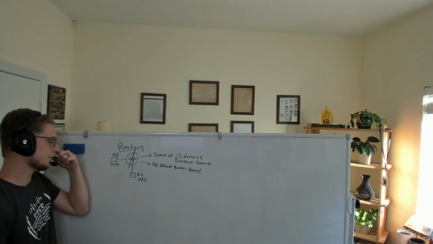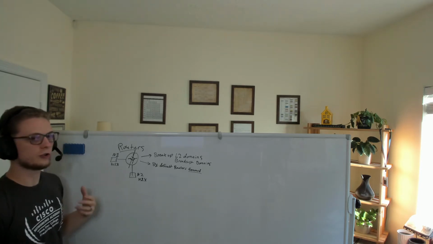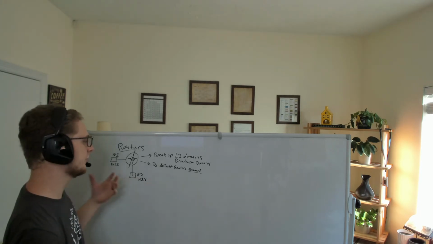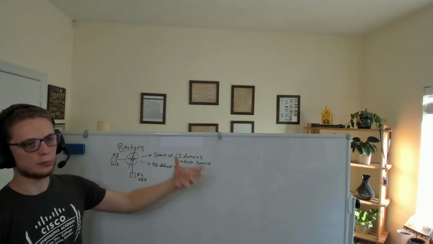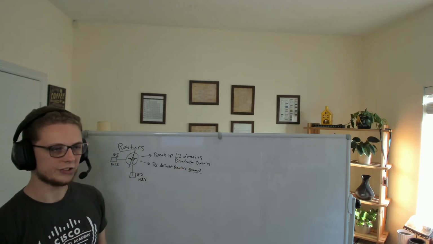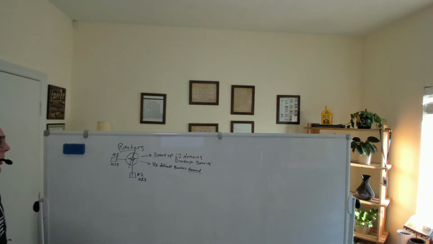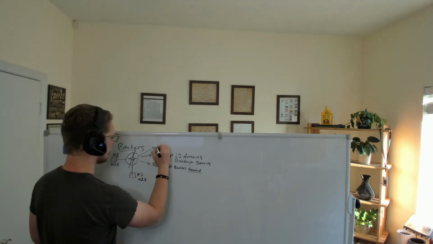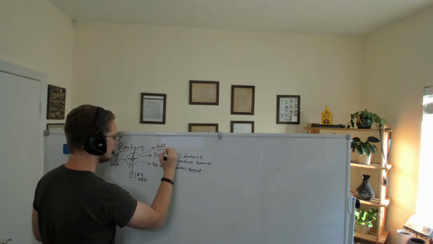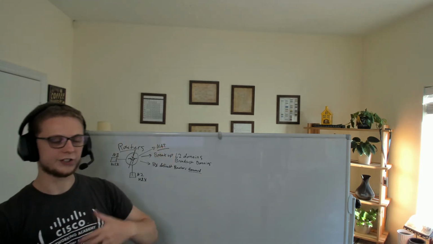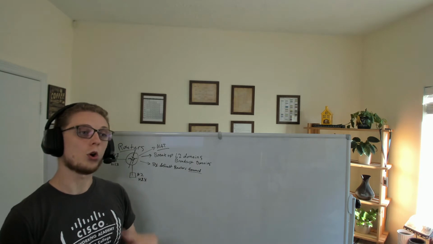Now routers can serve lots of different functions. One of the things you'll typically see in a home network is a combo device that's going to be doing a lot more and implementing a lot of these different devices we're going to be talking about into one device. But a router can do things like network address translation. This is extremely important for IPv4 because we ran out of addresses. We're all out.